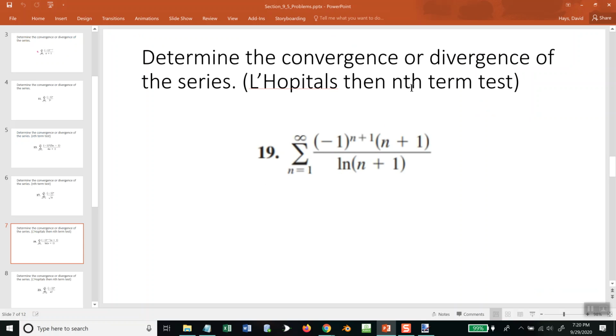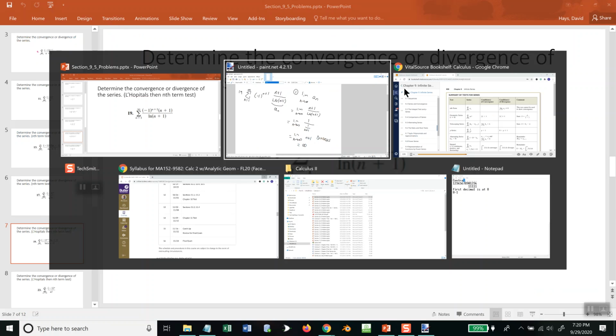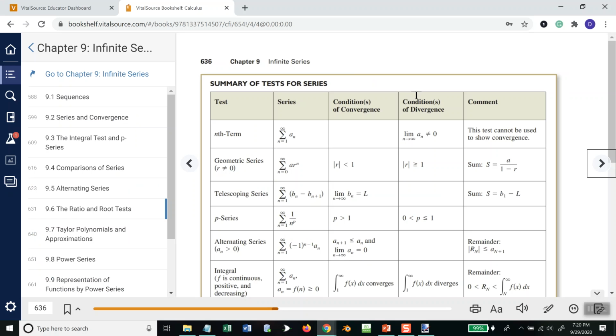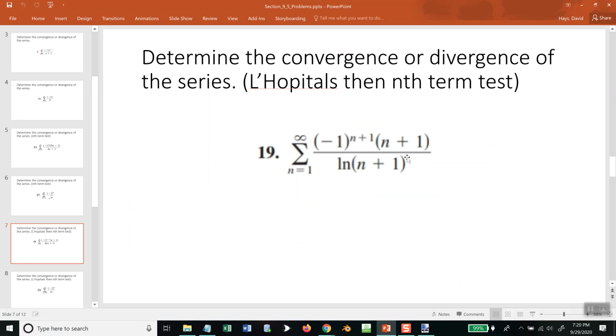I'll say determine the convergence or divergence using the alternating series test, and then I'll put a little note in here like L'Hopital. I may not say L'Hopital, but I'll say use the nth term to guide you. But I won't tell you whether it converges or diverges. So you need to have that written down so you can look up that formula, that rule, and see what it says.